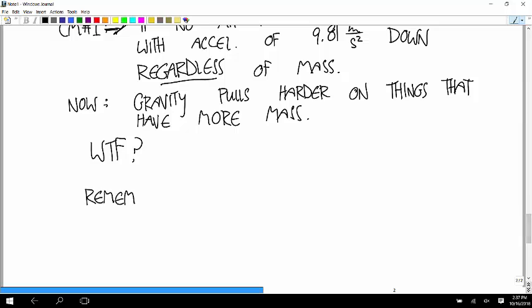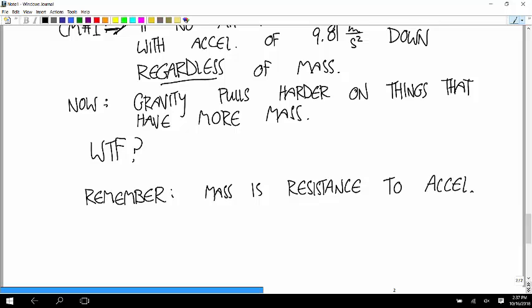Remember that mass is resistance to acceleration. So an object with more mass is harder to accelerate.